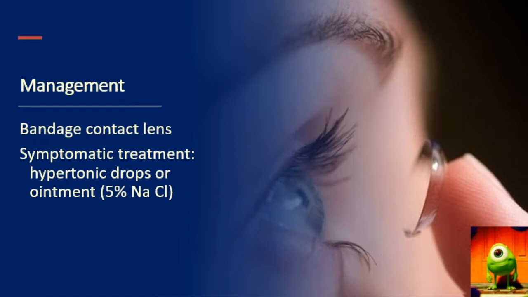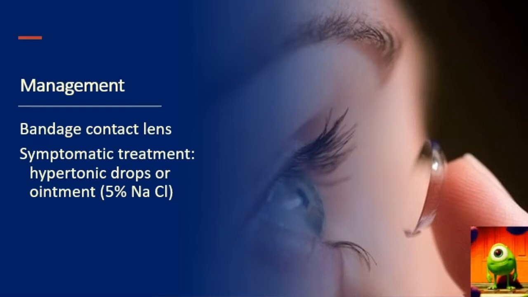What are the advantages of using a bandage contact lens? Using it, you can apply medications, the eye can be observed, and your patient could still see. Instead of applying an eye patch and closing the eyelids, this would allow for examination of your eyes.